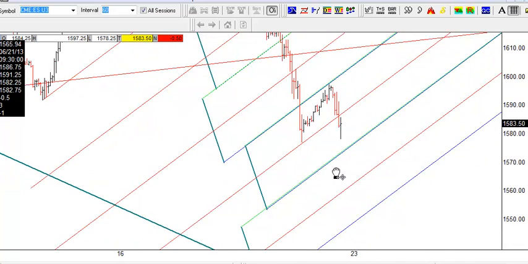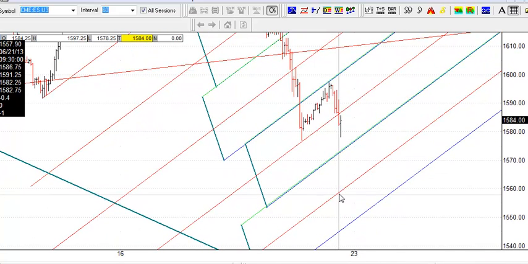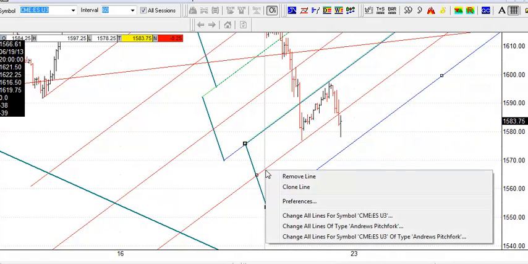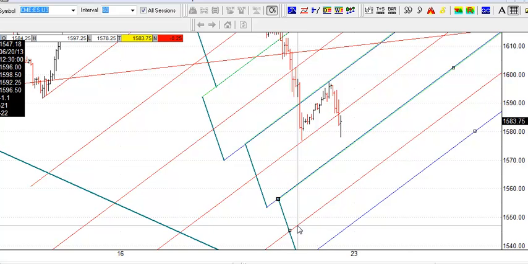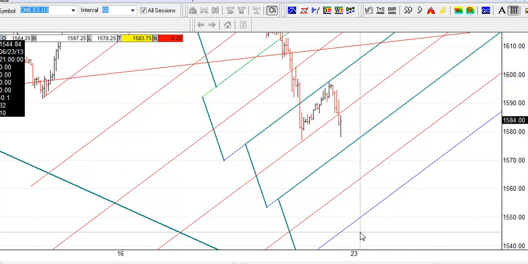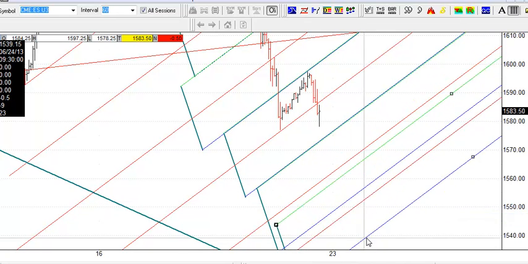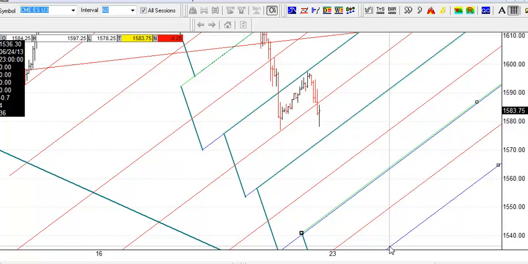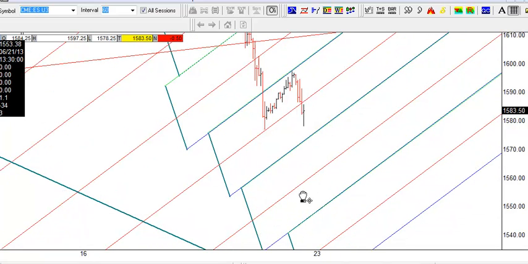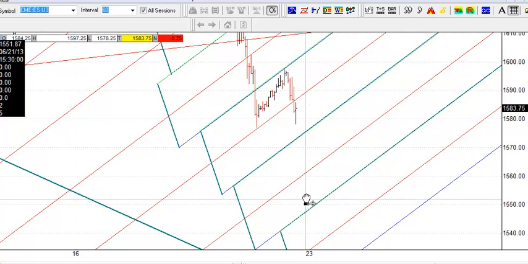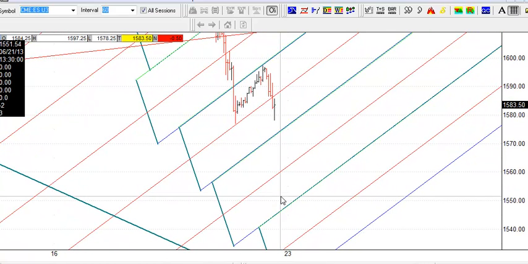What I do is a kind of copy paste thing. I'll take this line here, clone it, and put it on there. As far as I know, Interactive Data, which owns Q Charts and eSignal, are really the only charting service that you can use that does all this fun kind of stuff.